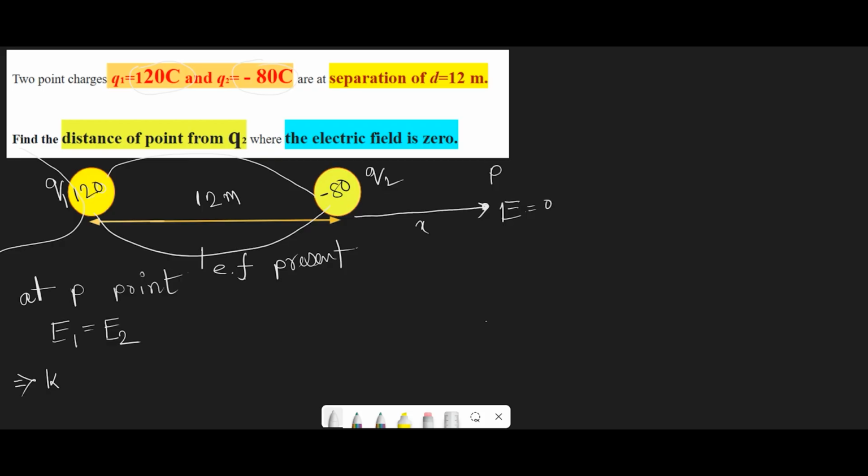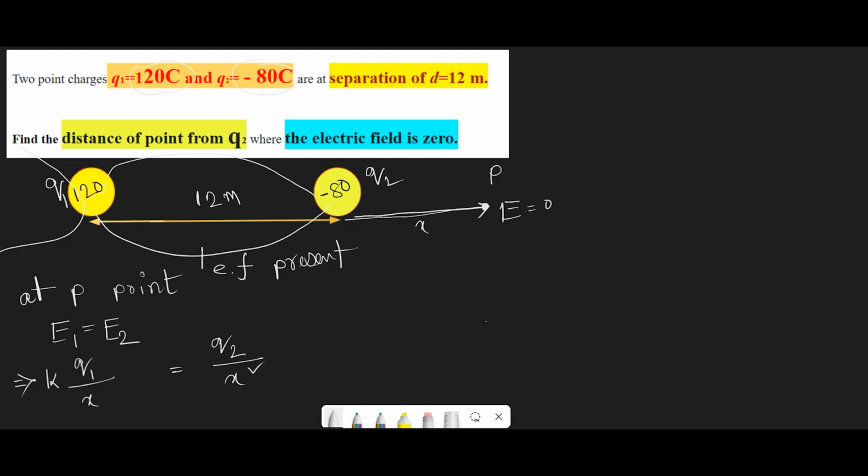So constant Q1 over, okay, I'll write down later one. So let's write down Q2 over X square, right? So from here to this distance is X. Very good.